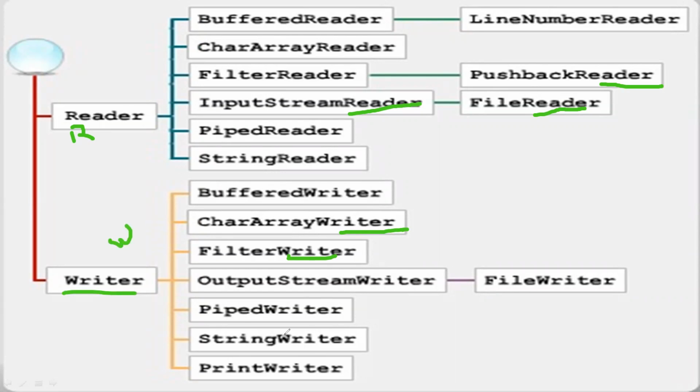You can see here file writer, buffered writer, input stream reader, file reader, pushback reader. The classes whose names end with reader are used to read the data from the file, and the classes whose names end with writer are used to write the data into the file.